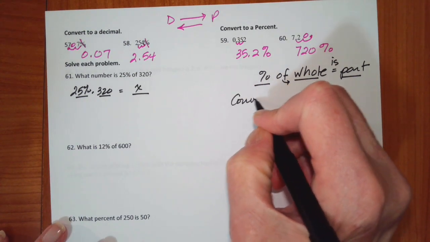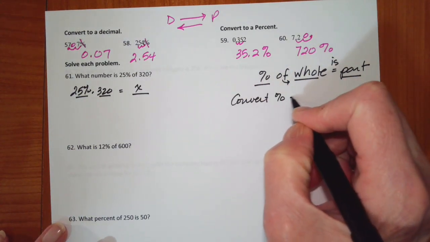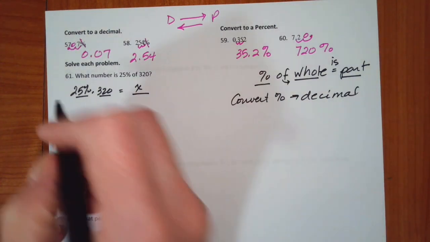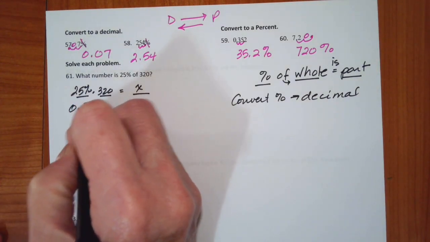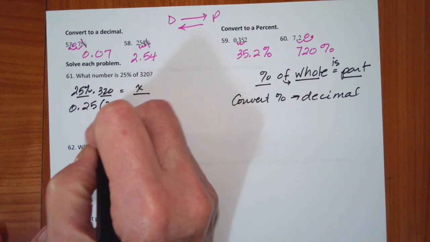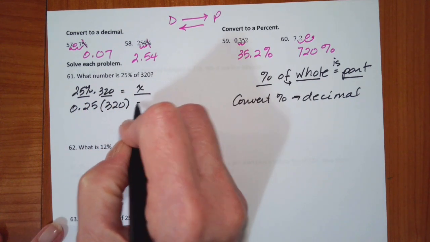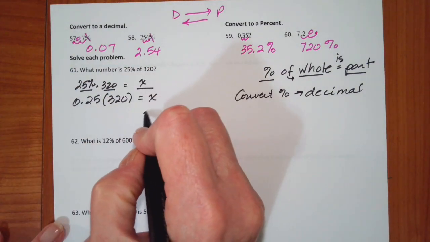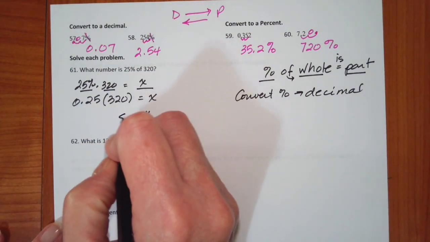And you are going to convert percent to your decimal in the equation. So 0.25 times 320 is what we're looking for. And if I multiply this out, I get that x is 80.